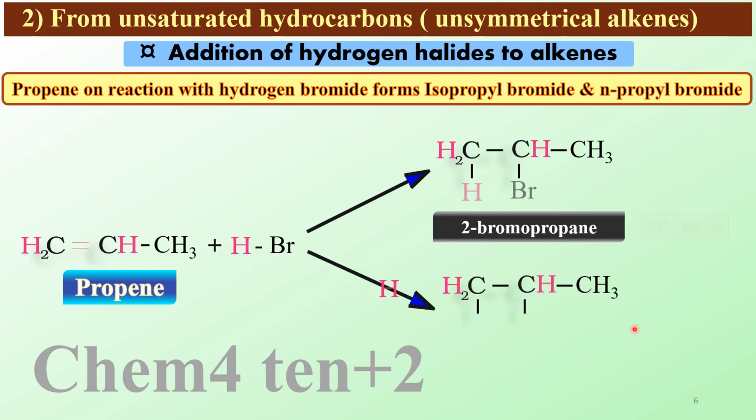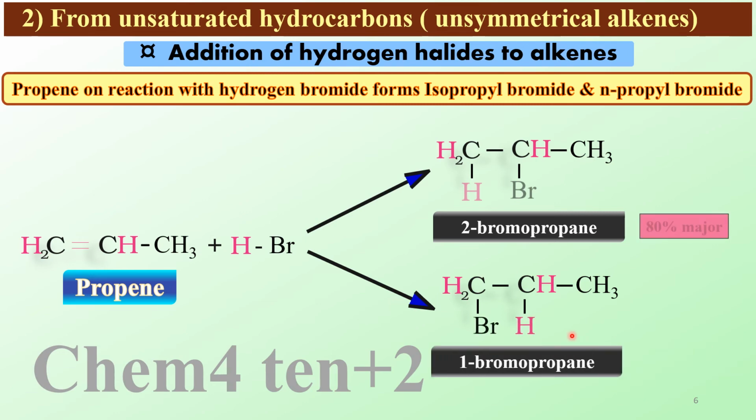The second product obtained is, as we can see here, hydrogen atom attached to the central carbon atom and Br, that is the negative part of HBr, goes to the first carbon atom to form 1-bromopropane, and the amount of yield is less, so this is the minor product.